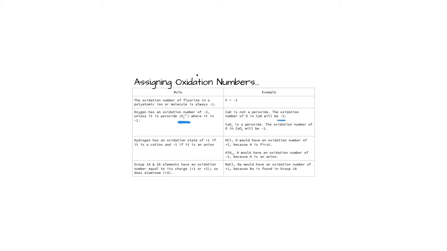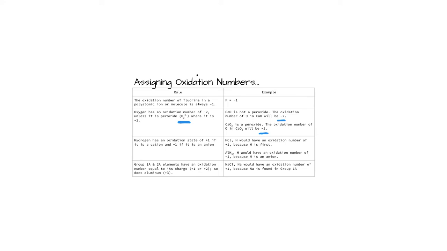So I would assign the oxygen a -2. If I see CaO2, where the 2 subscript on the O has not been reduced, then I know that it is the peroxide, and the oxidation number of the O in that case would be a -1.